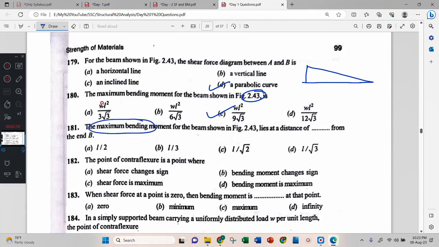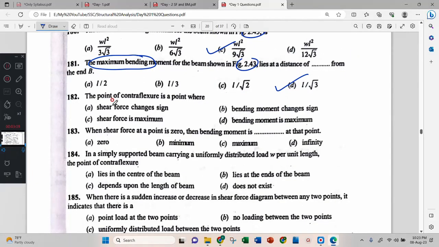Maximum bending moment for the beam shown lies at a distance L by root 3. Point of contraflexure is a point where... I have not said it yet, let me explain a bit.